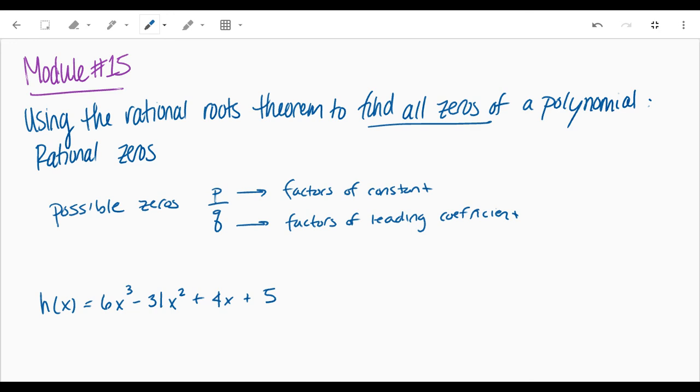So if you remember from Algebra 2, the degree of this polynomial is 3. That's right there, so at most 3 zeros.